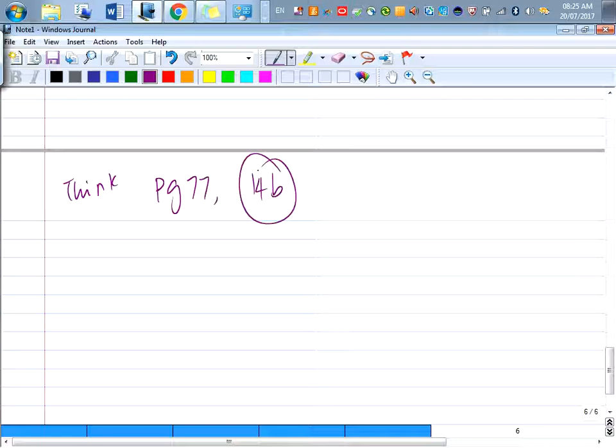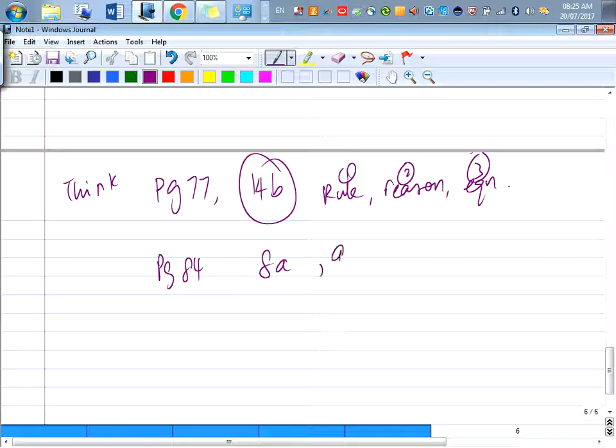Write down again which rule you want to use, the reason and the equation. These are the three things. Then the next one is page 84, question 8a, question 9. Okay, that's all I want you to do to practice. I'm not going to check your work. Just make sure you do this. Okay?